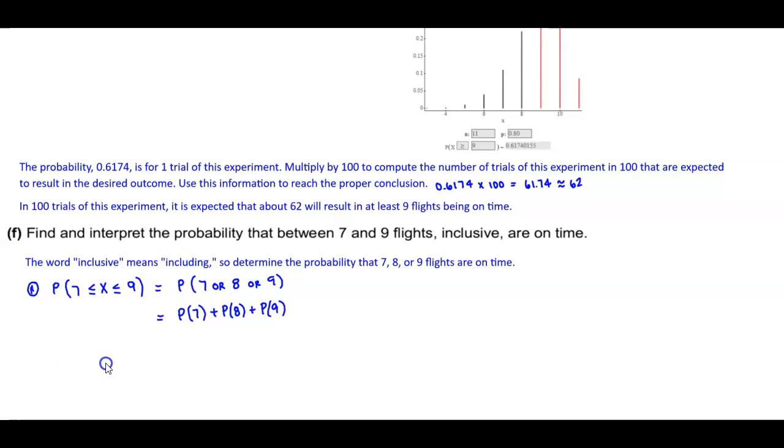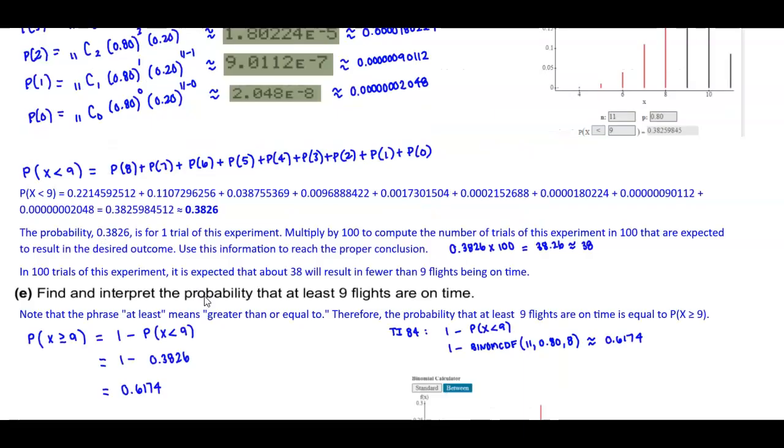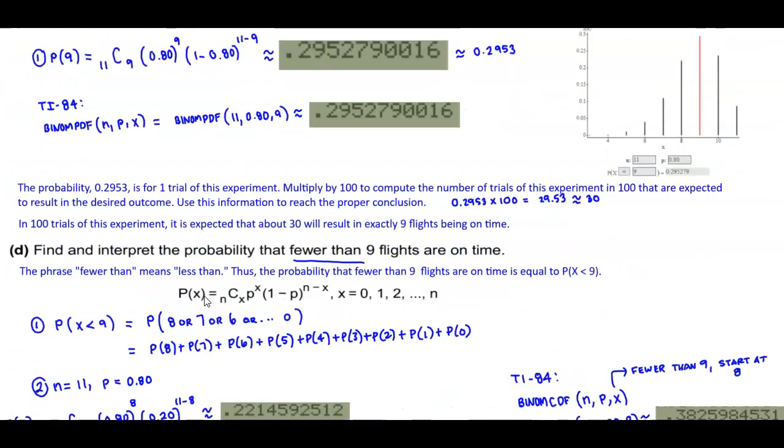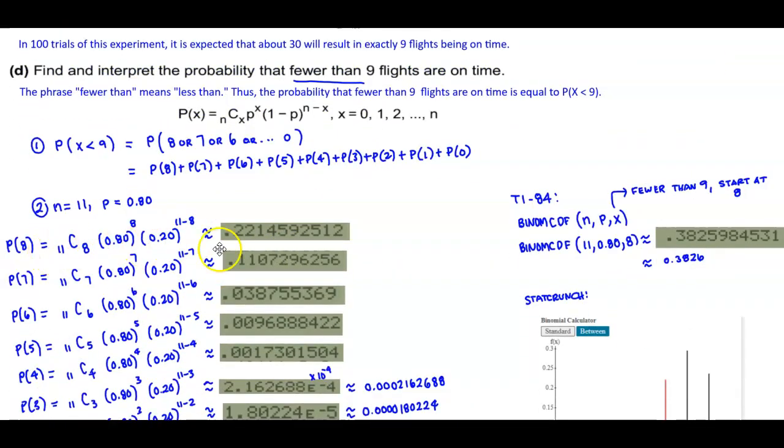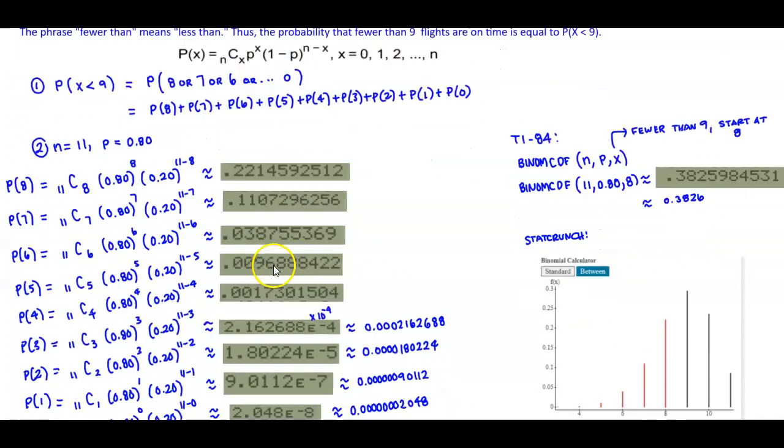Well, the probability of 7 and 8 and 9, we have already found. So we can come back up here. We know that we already found the probability of 9, which is this number here, 0.29527. We also found the probability of 8 and the probability of 7.